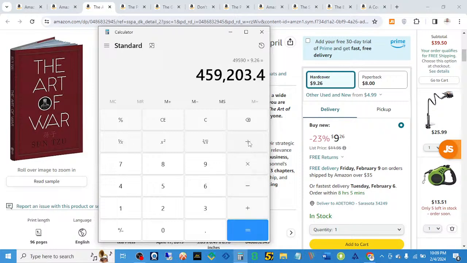Let us remove the Amazon percentage: divided by 10, multiply by 6. So this is what is left for us.